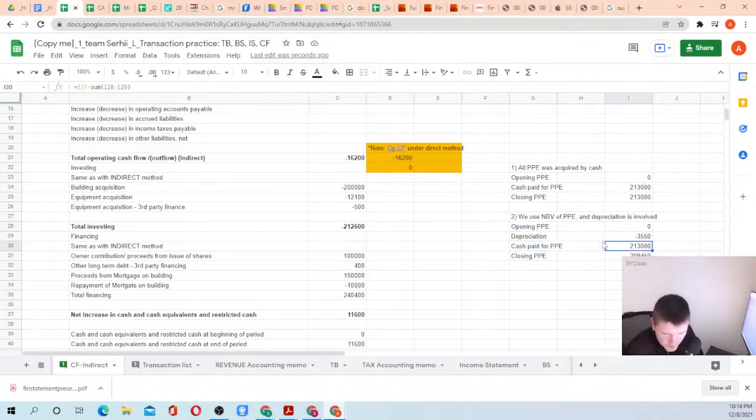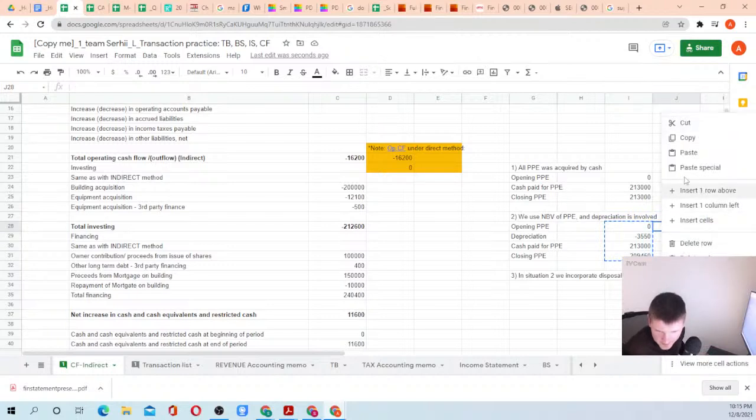Now we want to make an additional step, and that step would be disposal. But first, in situation 3, we incorporate disposal of PP&E. I think I will have to make a paste values here.